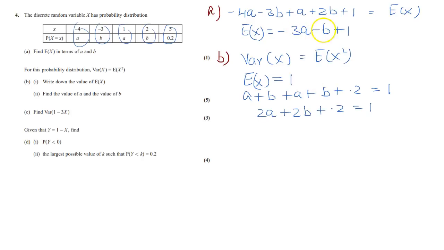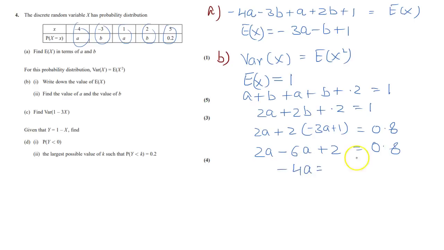And B is equal to minus 3A plus 1 plus 0.2, or we can just write it as equal to 0.8. 2A minus 3 times 2 is 6A plus 2 is equal to 0.8.